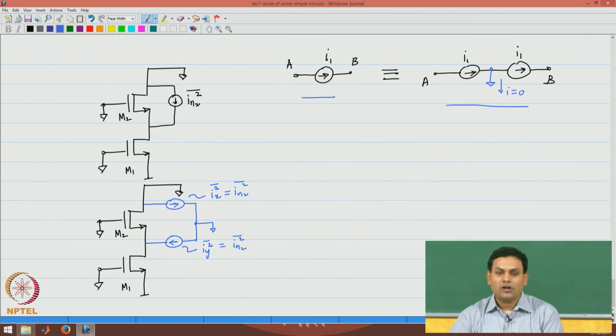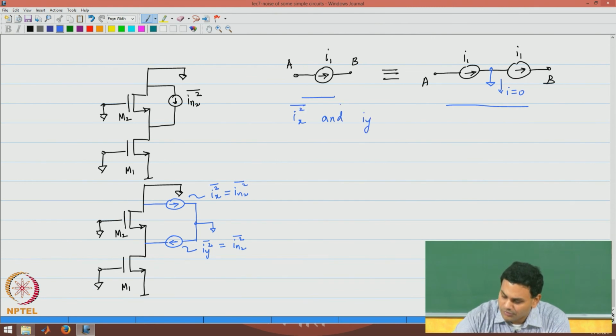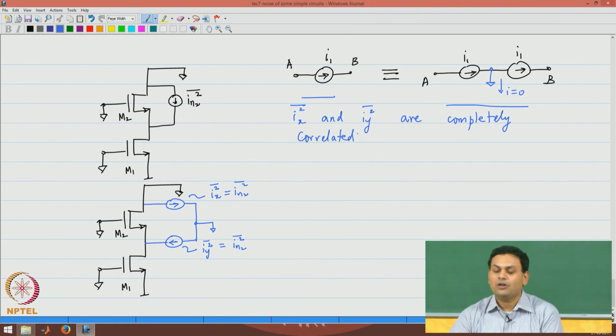Now it is very important to note that Ix and Iy are completely correlated. So in other words, since we are splitting the same In2 squared into two current sources in series, these two noise sources Ix and Iy are completely correlated.